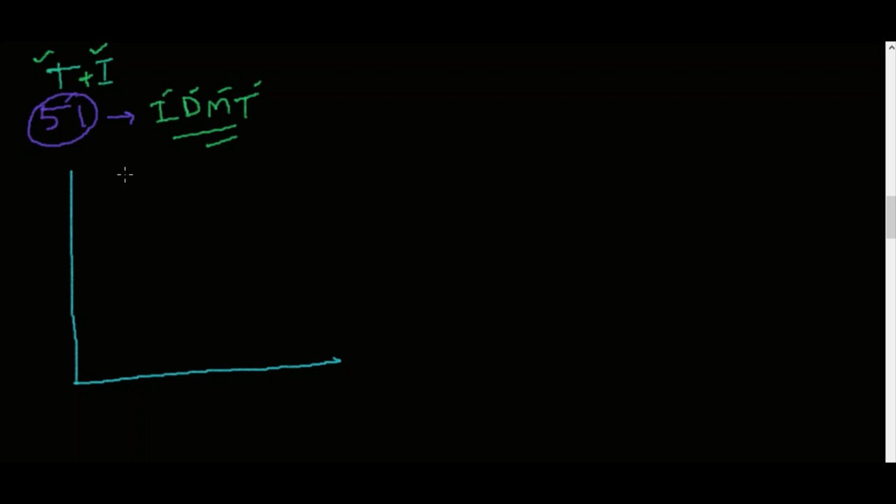The typical IDMT characteristic is like this, and obviously this side is time t and this side is current I. So this is the inverse characteristic.